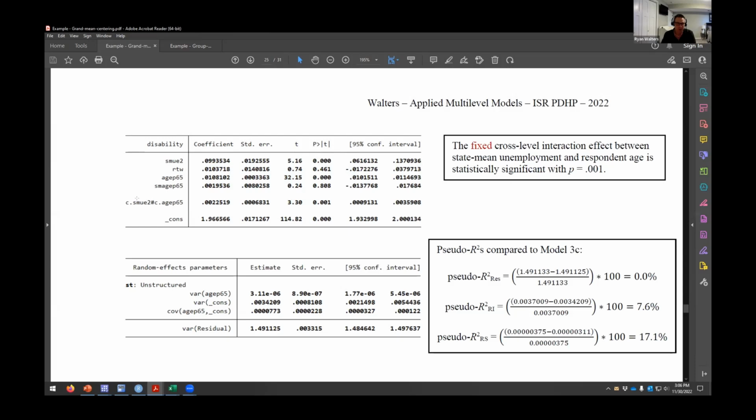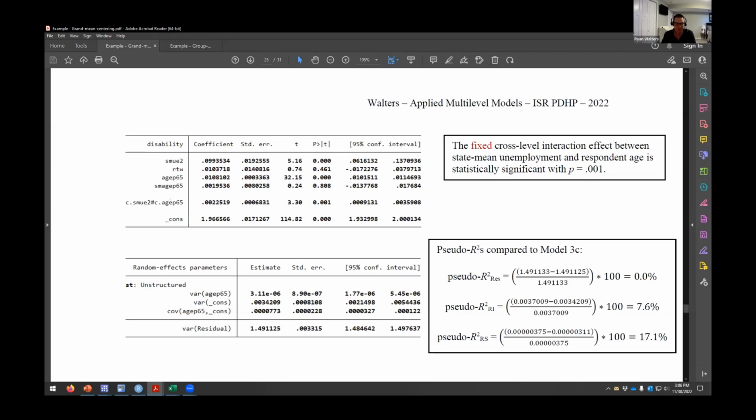If the unemployment rate goes from 2 to 3%, this age effect is getting larger, more positive by 0.00225 points. We can do the same thing with the state mean unemployment. This is a simple main effect of state mean unemployment specifically for respondents who are 65 years of age.